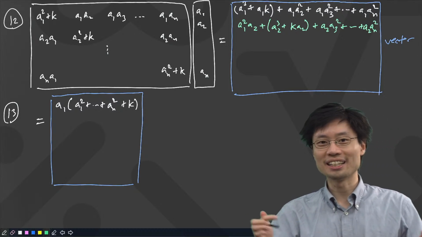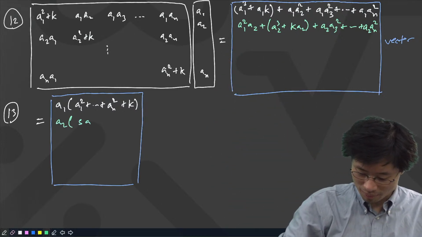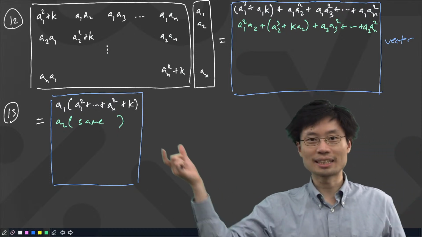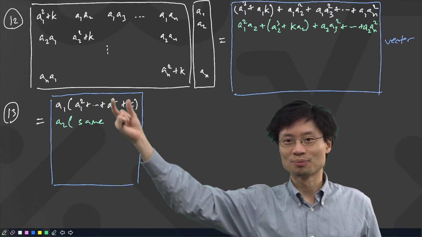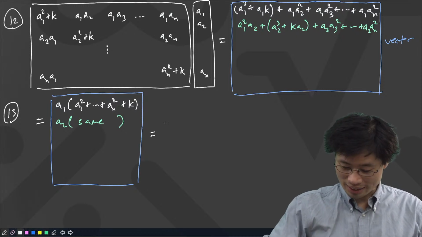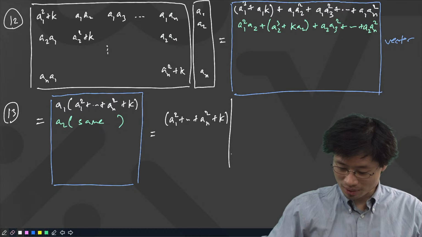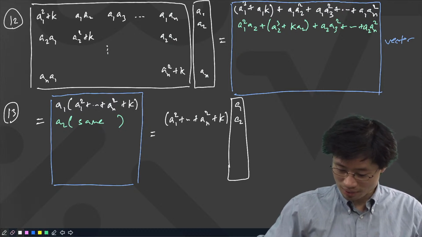And the beautiful thing is that's exactly A2 times the same, which is the eigenvalue. So that's equal to the eigenvalue A1 squared plus all the way to An squared plus K times your original vector A1, A2, up to An.